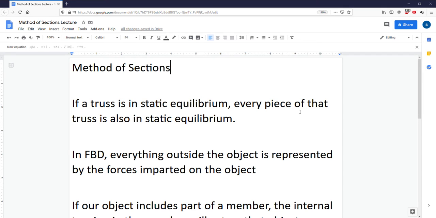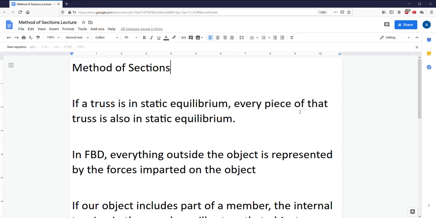Only this time, instead of looking at a single joint at a time, we are going to be looking at groups of joints that are all connected together, called a section. Now, like with the method of joints, we will end up finding the net forces on these sections and set those net forces equal to 0.